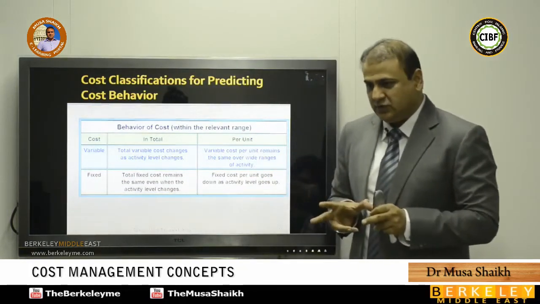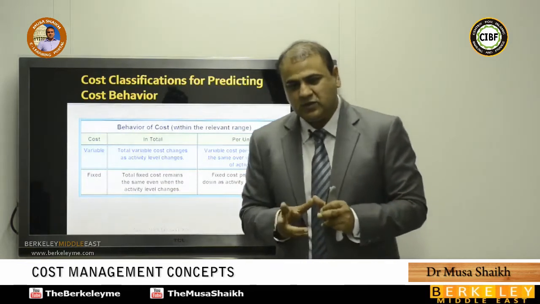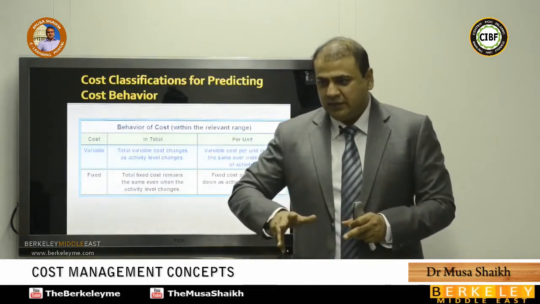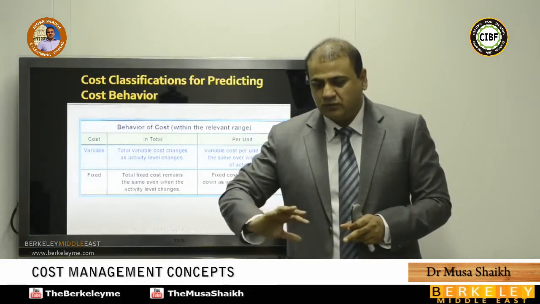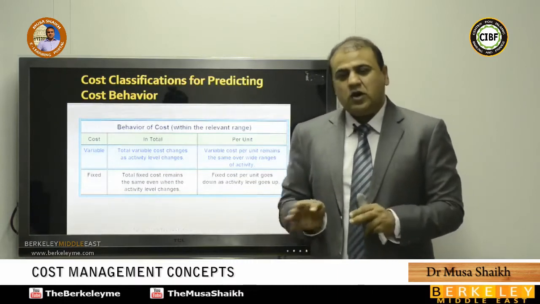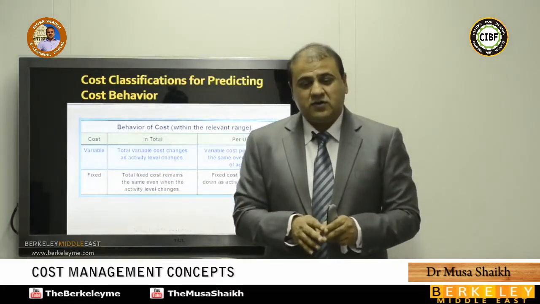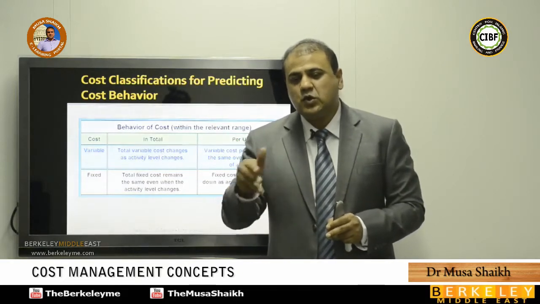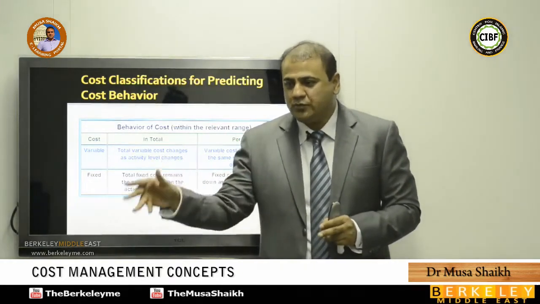As the name shows, variable cost is a cost that varies with production. Meaning if you want to produce more, cost goes up; if you want to produce less, cost goes down. Opposite, we have fixed cost. Fixed cost by definition does not change and has no link with output or production.